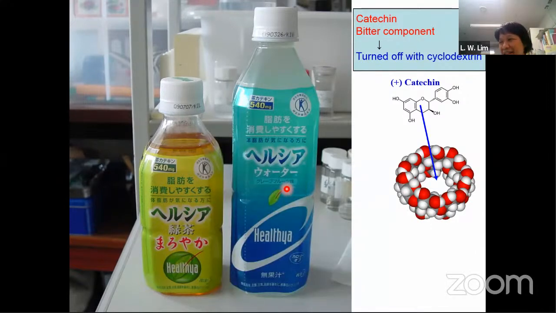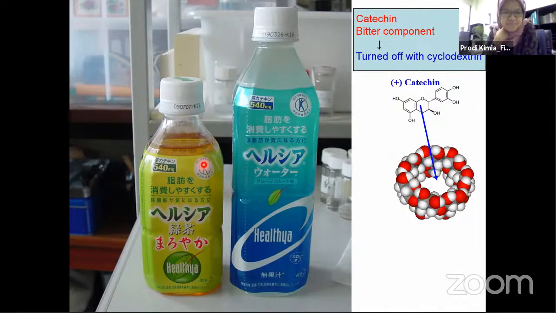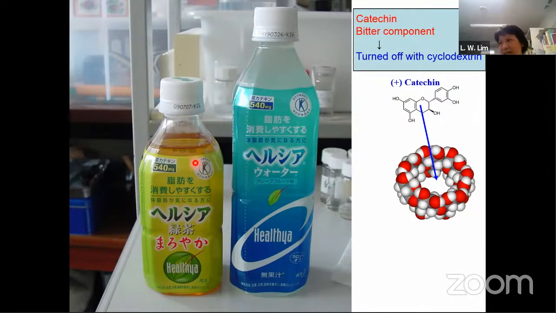But I think many of you drink tea because you want to take catechin so that you can reduce some fat. Actually, when a drink in Japan is approved as a healthy product, it gets this mark, which stands for certified healthy products. So this is a healthier tea.